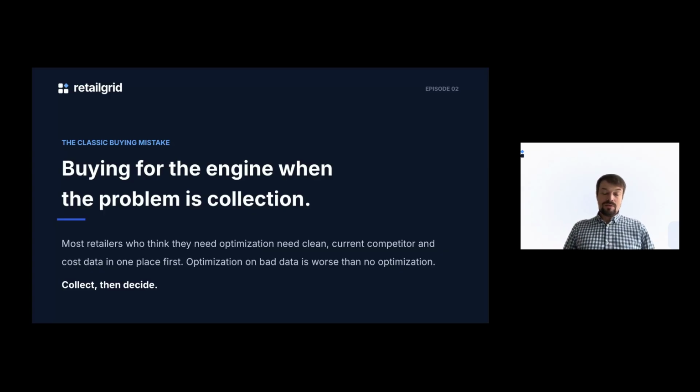The reality is that the tool is a tool. You can have very good results in your spreadsheet and very bad results with a very sophisticated, very expensive software. I've seen it many times in my career.